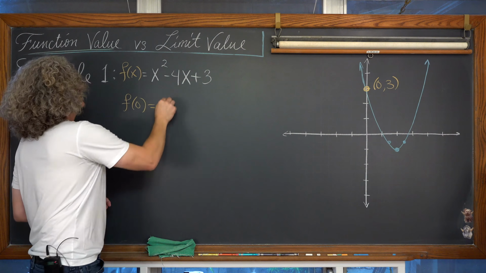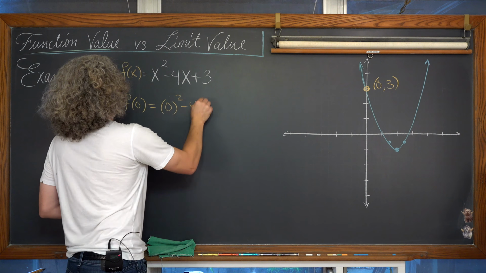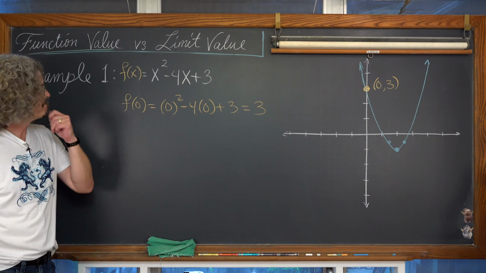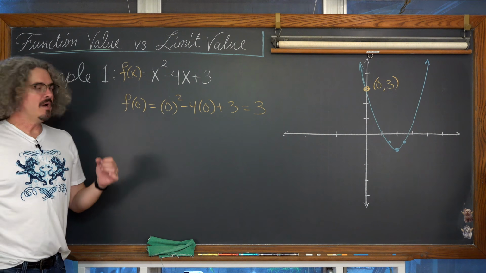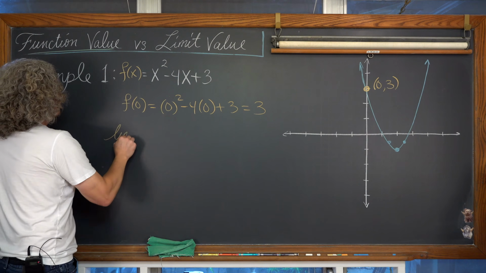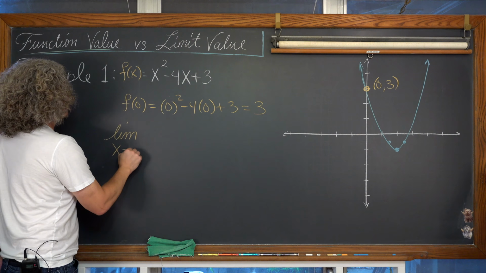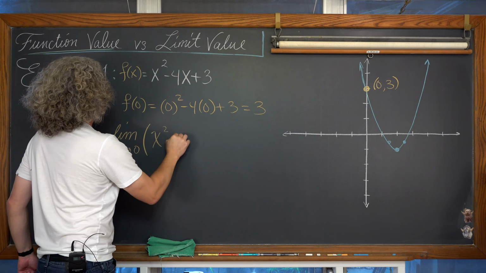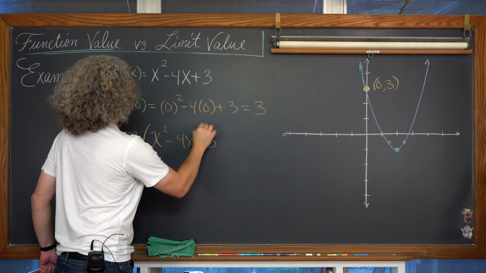Well, f of 0 is 0 squared minus 4 times 0 plus 3, which is equal to 3. Okay, great. What is the limit as x approaches 0 of x squared minus 4x plus 3?